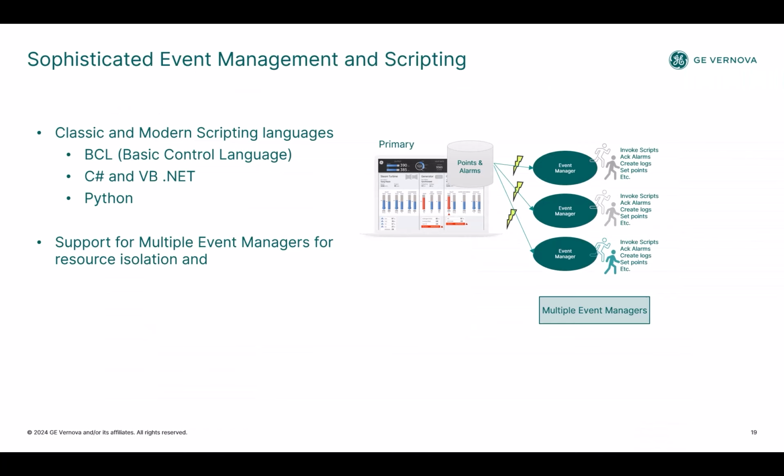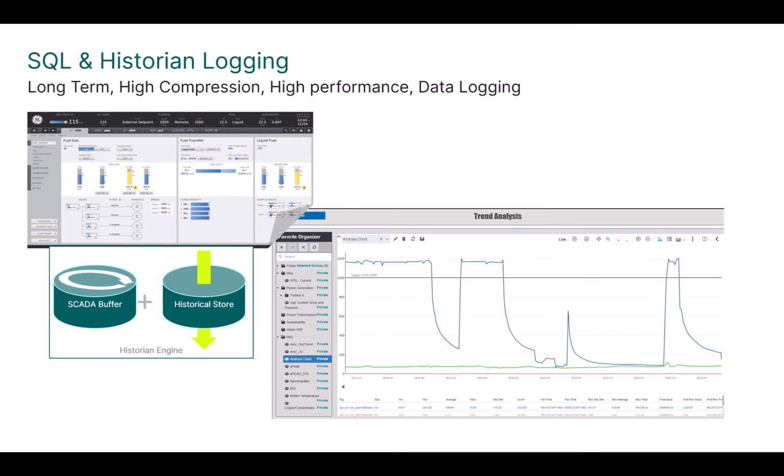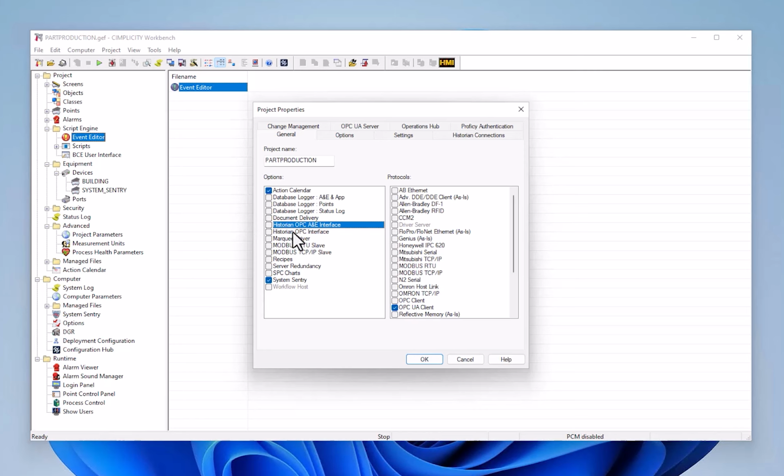Simplicity also supports tight integration with our Historian data logger, as well as the ability to log to SQL databases. In the Simplicity options in the project properties, you can enable connection to historical alarms, the Proficy Historian alarm interface, and data interface.